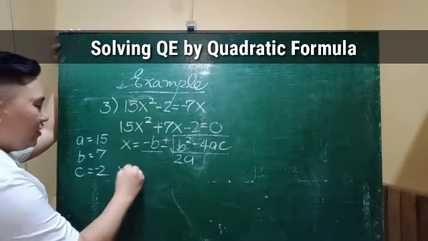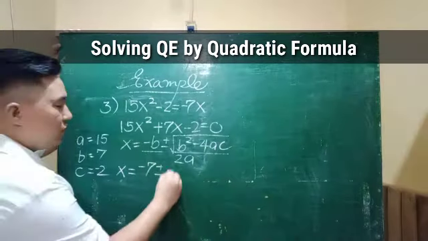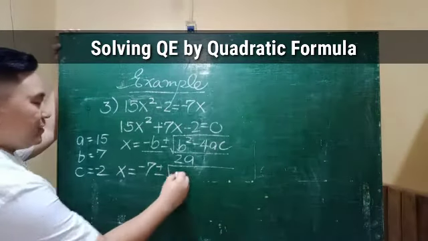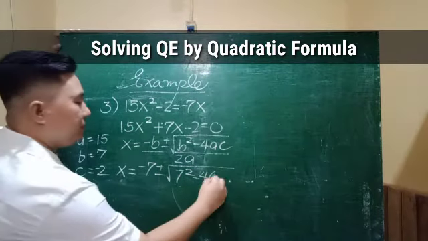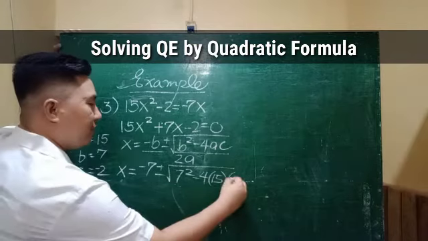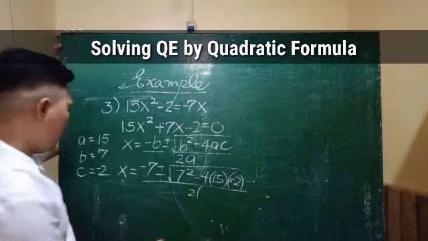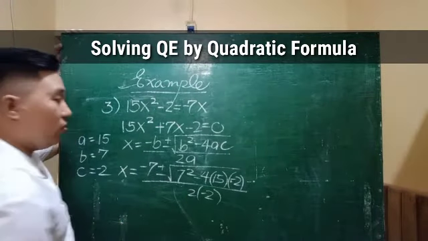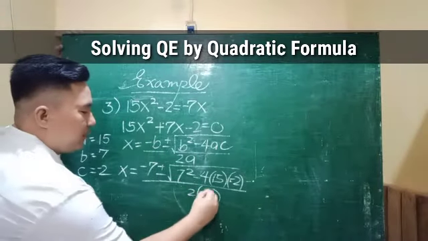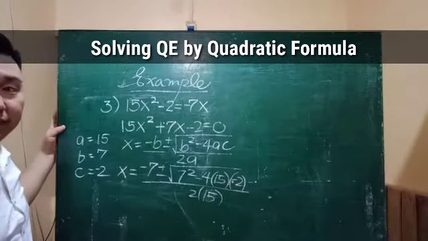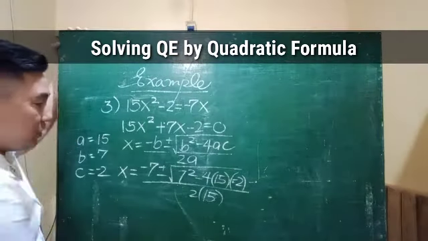So, magiging x equals negative 7 plus and minus square root of our B is 7 square minus 4 times 15 times negative 2 all over 2 times 15. Our A is 15. Sorry. Okay? Next step, simplify natin yung nasa loob at yung nasa baba.